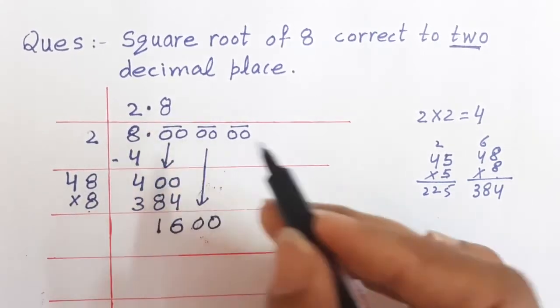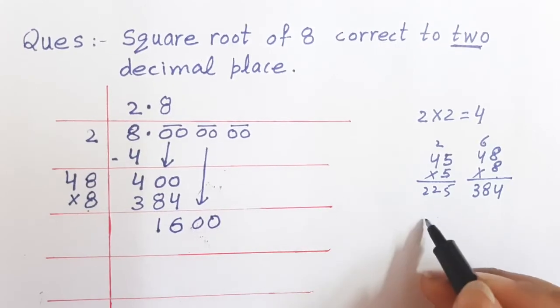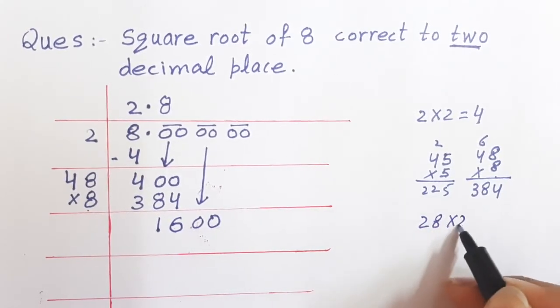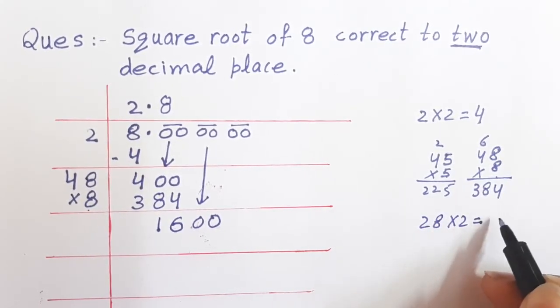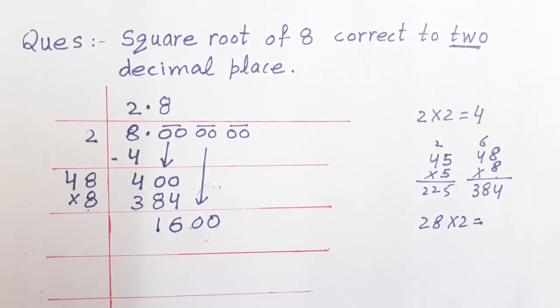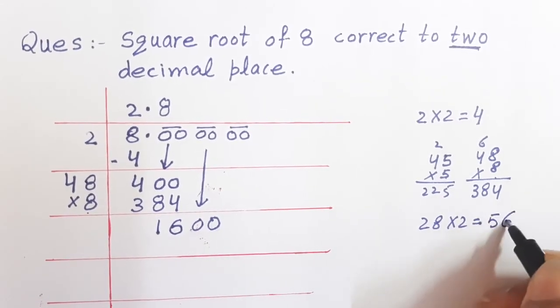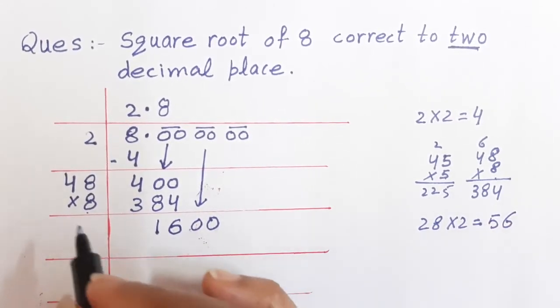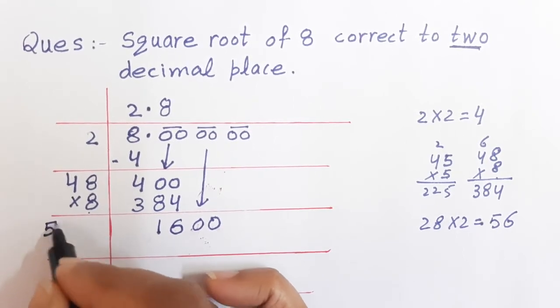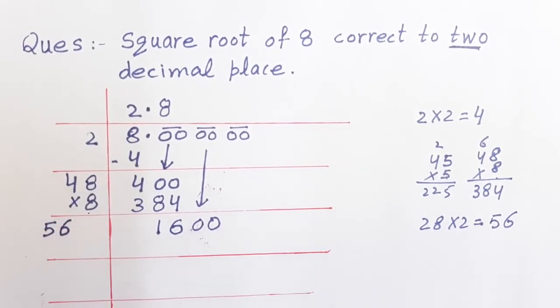And double of quotient, that is 28 multiplied by 2. That is equal to, yes, 56. Right? So I will write 56 here. Clear?